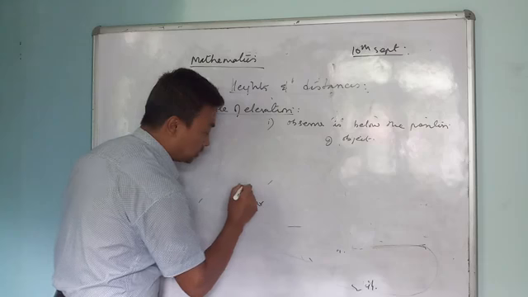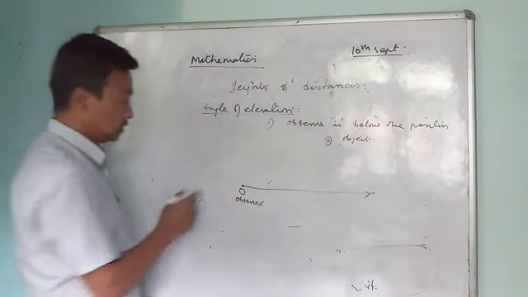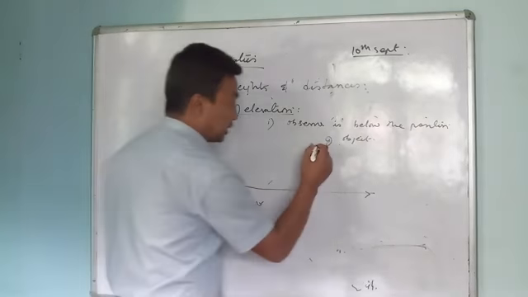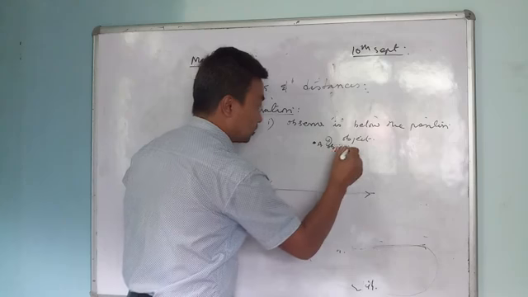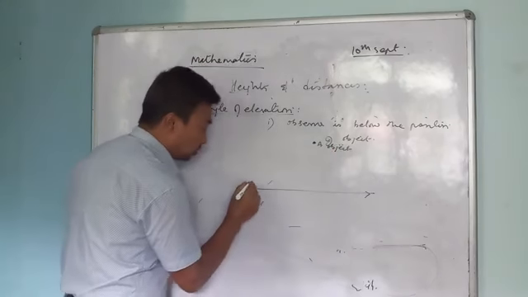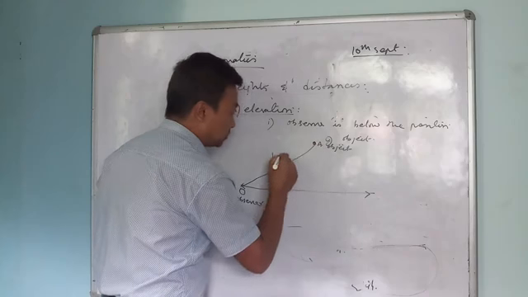From the observer, you first have to draw the horizontal line, which is very important. Let us say A is the object, and from the observer you make an angle. This is called the line of sight.